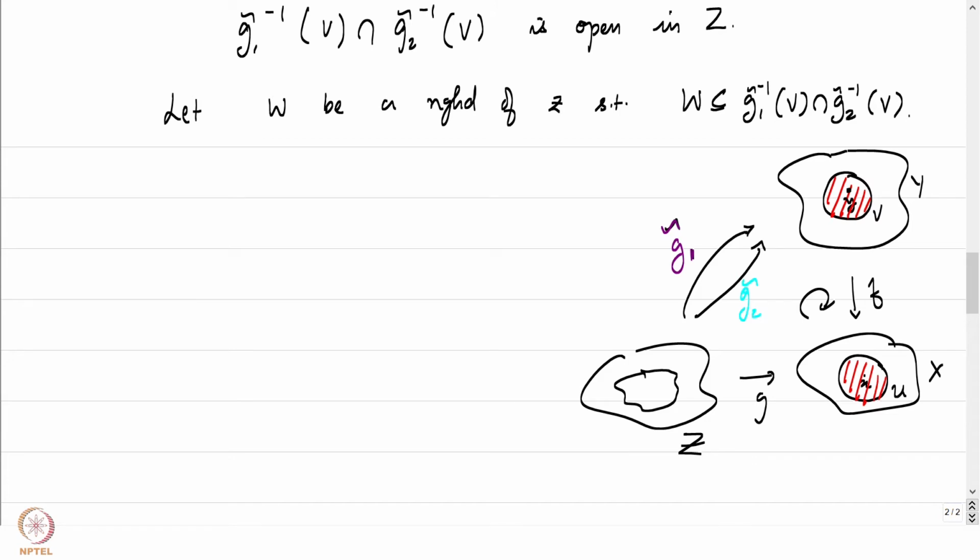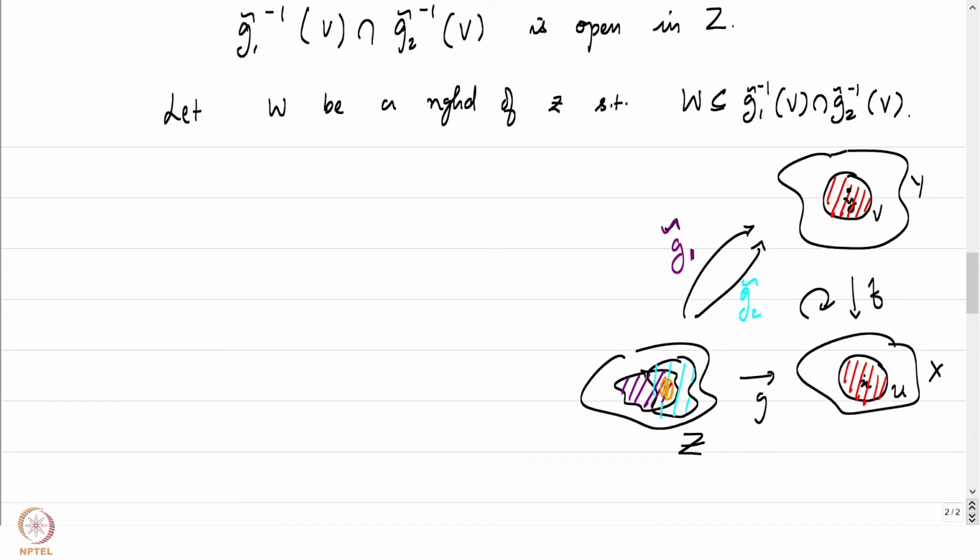So this is going to be the purple, which is capturing G1 tilde inverse of V, and the blue will capture G2 tilde inverse of V. And somewhere in this intersection, this is the point Z was here, let's say, and the orange is some neighborhood which is contained in the intersection. So that's precisely going to be our W.